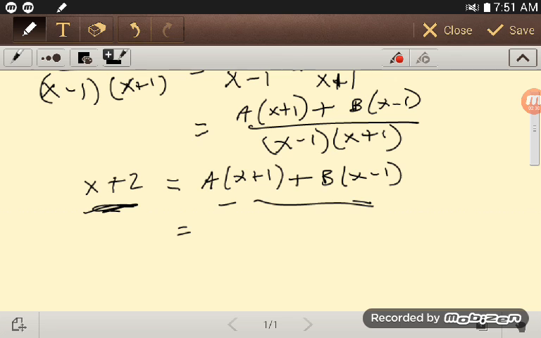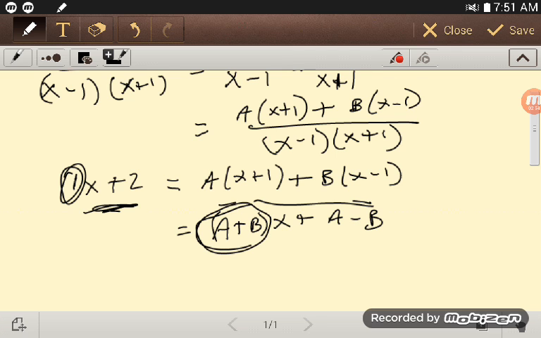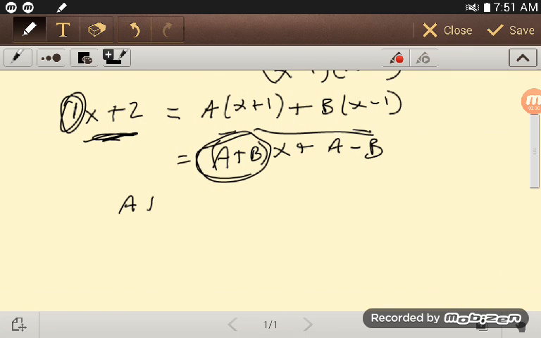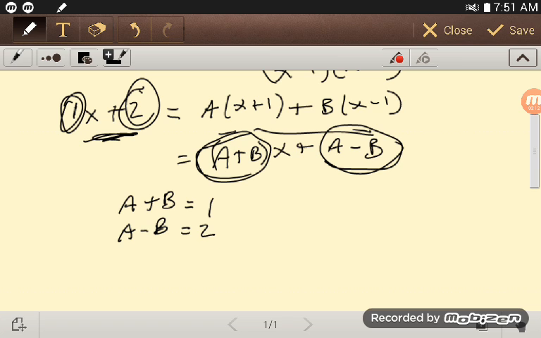Therefore, I can collect like terms, and so I would have (A + B) times x, and then plus my constant term A - B. And this coefficient here on x, 1, has to be the same as that coefficient A + B, so we now can write down the requirement that A + B is equal to 1, and similarly the constant here has to be 2, and so A - B has to equal 2.